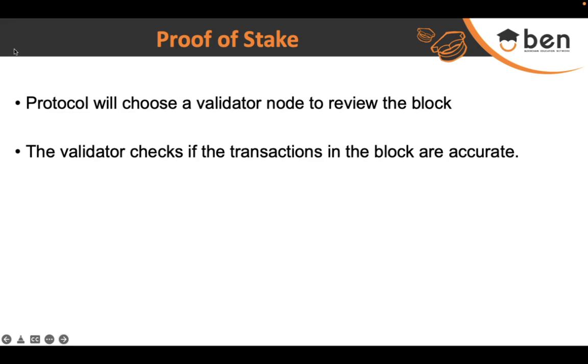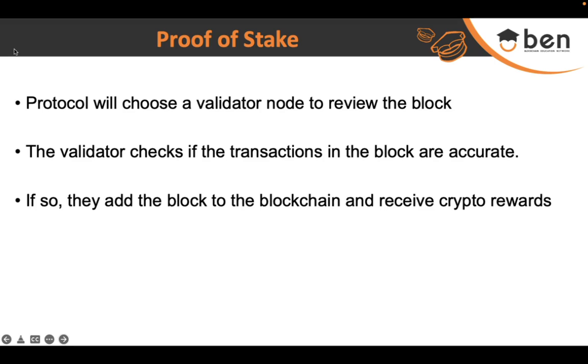Now, the validator checks if the transactions in that block are accurate. If the validator finds that the transactions have been authenticated and signed perfectly, he marks it as okay.